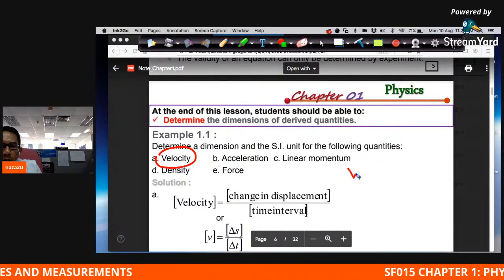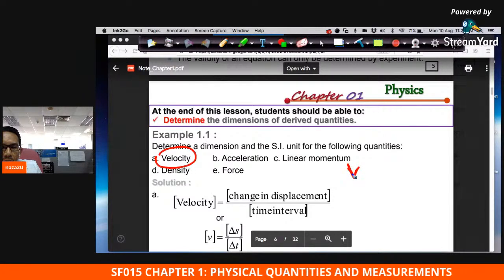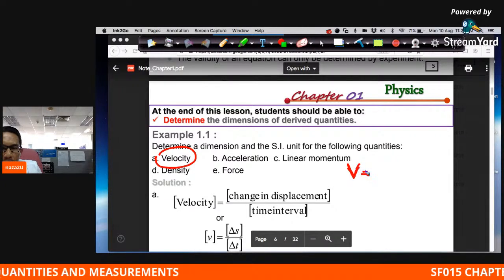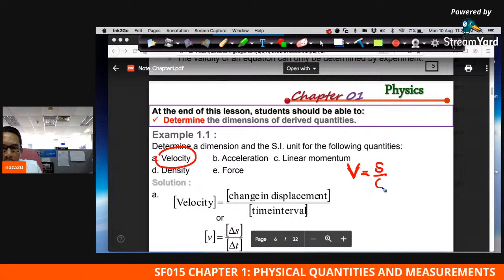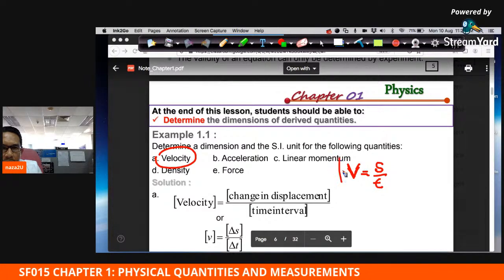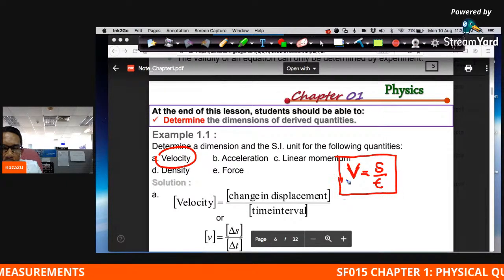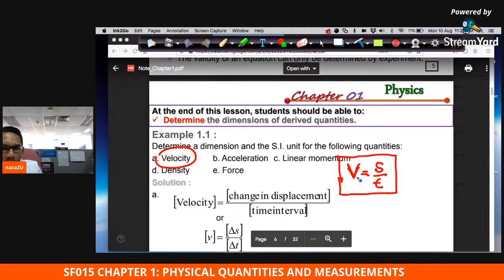The symbol of velocity is v, right? The formula to calculate or find the velocity is displacement divided by time t. Ini adalah persamaan yang mana kamu boleh gunakan untuk mengira velocity, right?